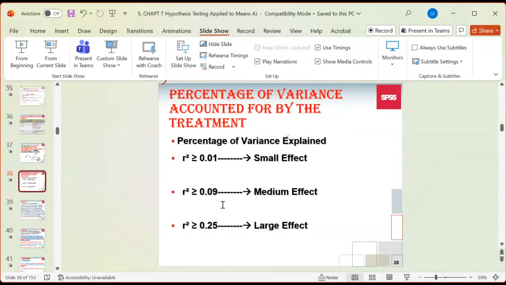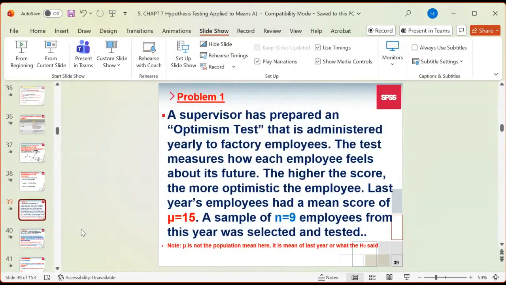If it's 0.09 but less than 0.25, it's a medium effect. If it's 0.25 or larger, it's a large effect. The larger, the better. You can report both of them in your research.